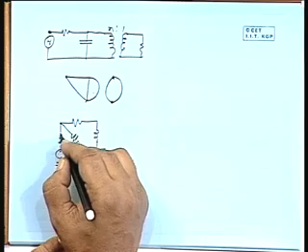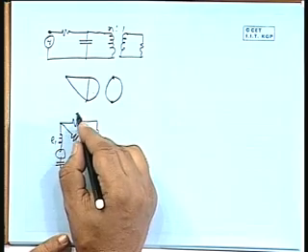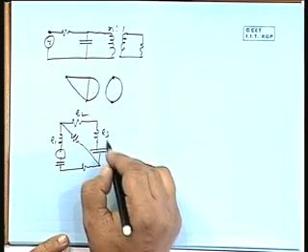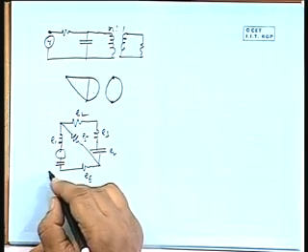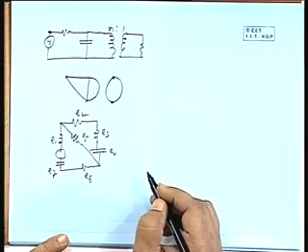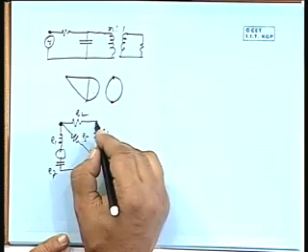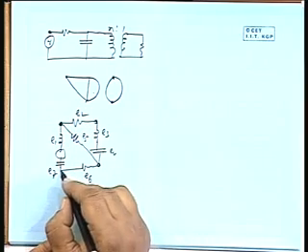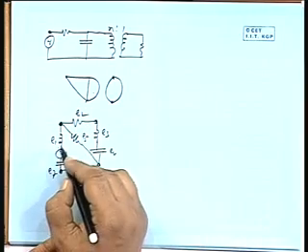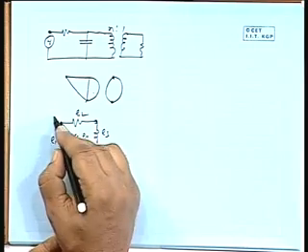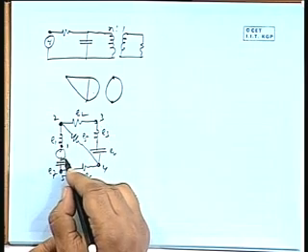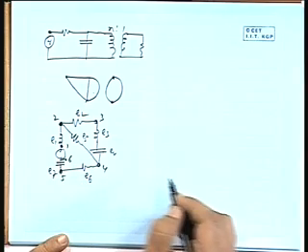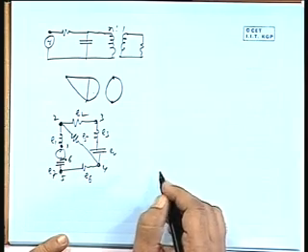So, I can number the elements E1, E2, E3, E4, E5, E6, E7 like that, and then I can number the nodes also. One, 2, 3, 4, 5, I may put one node here, 6, okay.